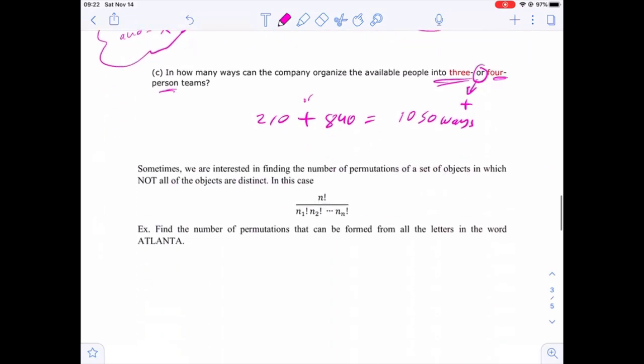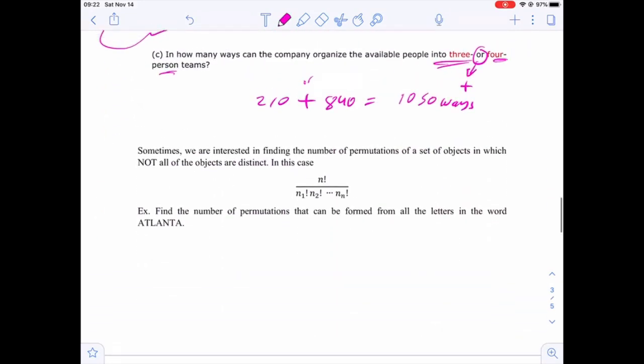Okay. Now, sometimes in some problems, we are interested in finding the number of permutations of a set of objects in which not all of the objects are distinct. So some of them have the same property. So in this case, we deal with groups.